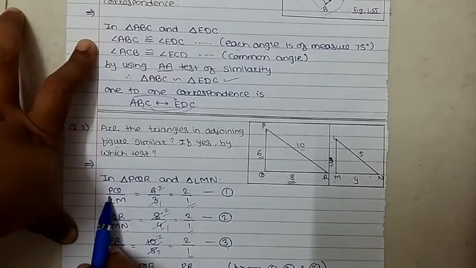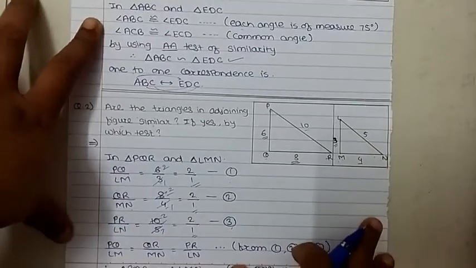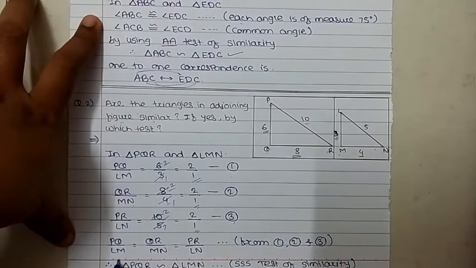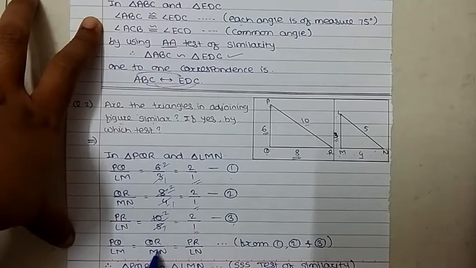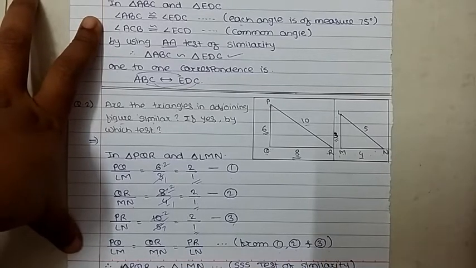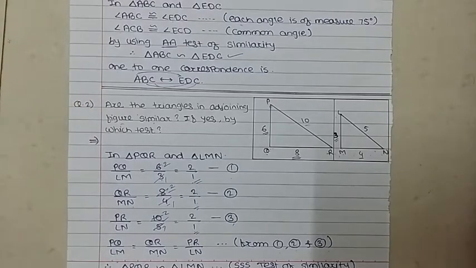That means we can write PQ upon LM is equal to QR upon MN is equal to PR upon LN, from equations 1, 2 and 3. Therefore the proportion of all three sides is equal here.